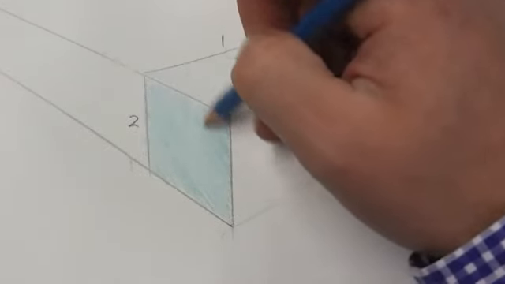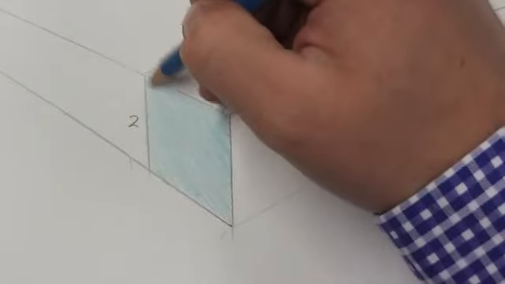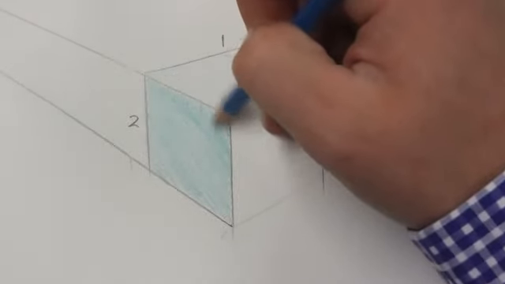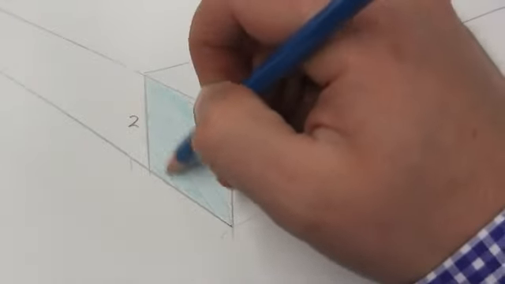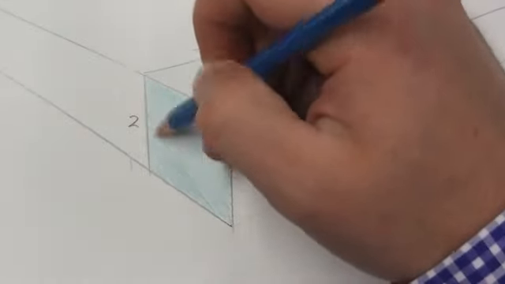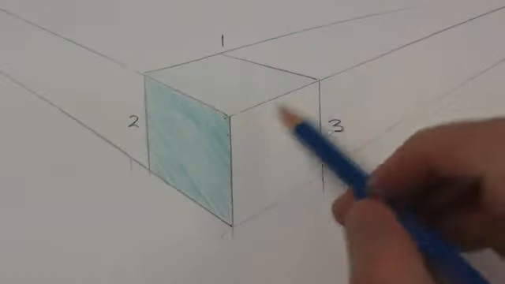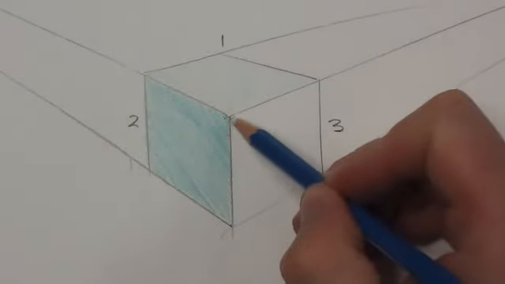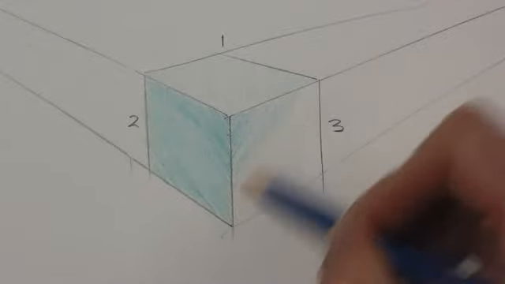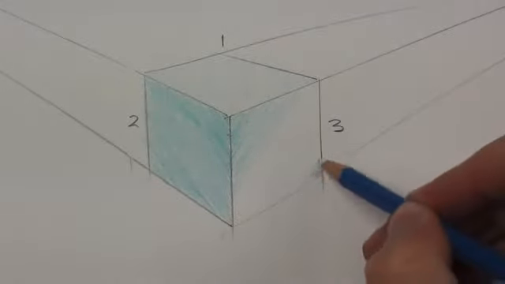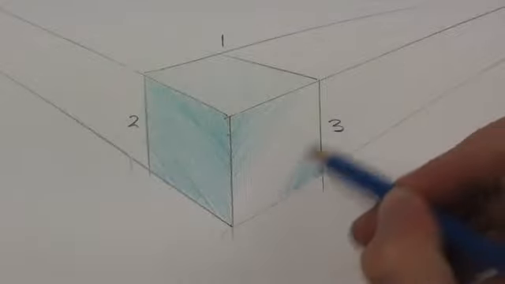Right, so the idea for this is to try and ensure that the 2 tones stand out from each other. Then we'll go on to number 3, and we need to make sure all 3 stand out clearly from each other, just as it did in the rendering scale, or the shade scale.